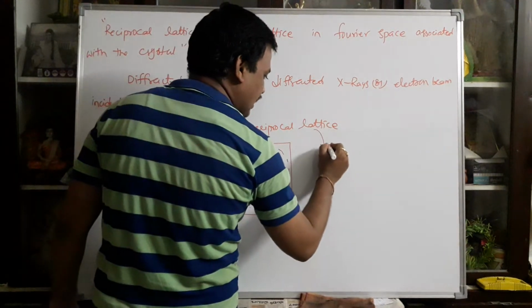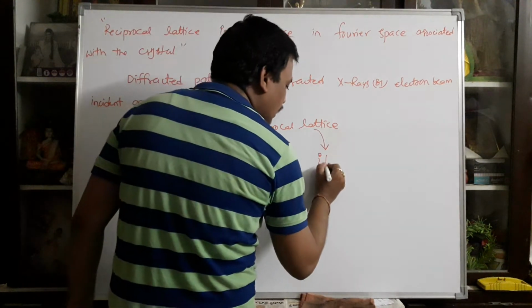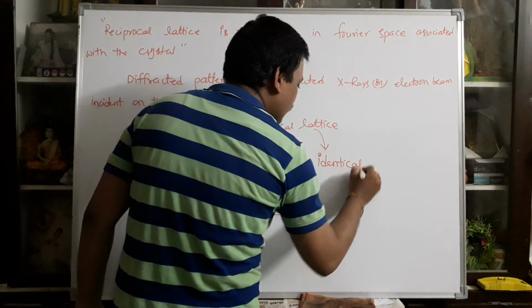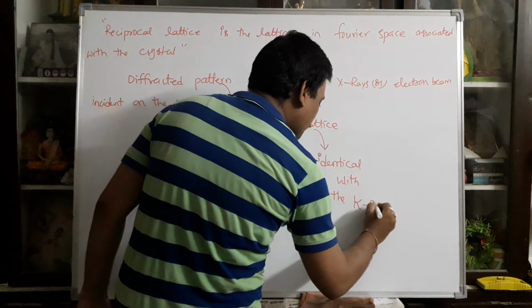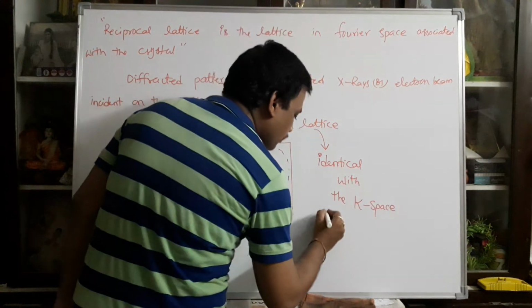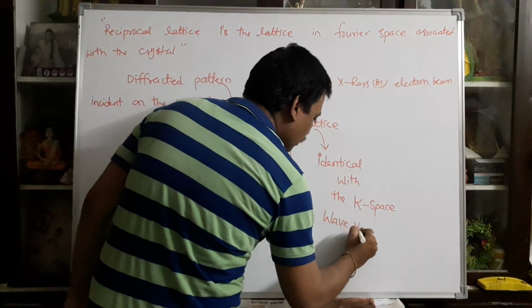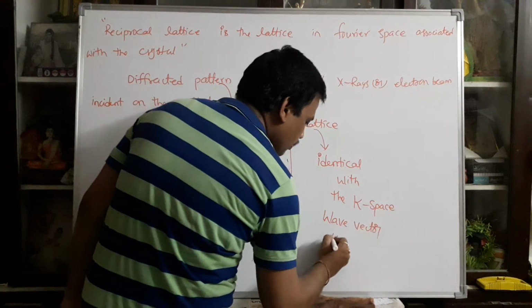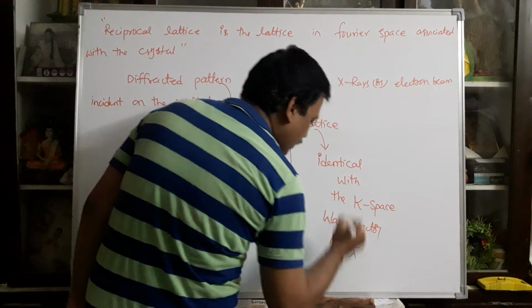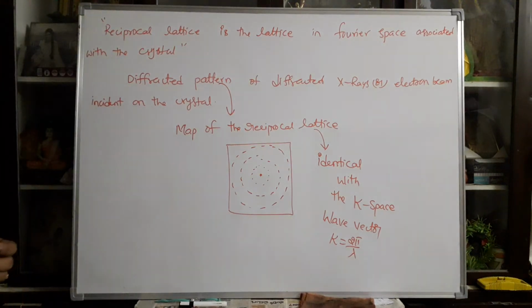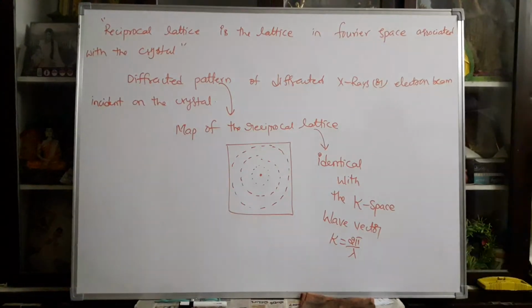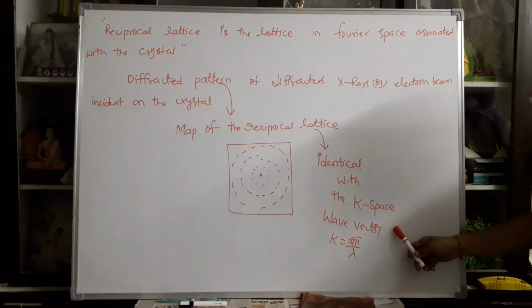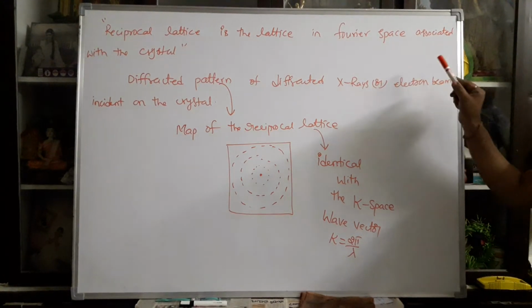This reciprocal lattice is identical with the K space, which is nothing but the wave vector. Already known, K is equal to 2 pi by lambda, that is the wave vector. So, this reciprocal lattice is always identical with the K space of the crystal. That K space gives the wave vector of the diffracted waves or radiations.